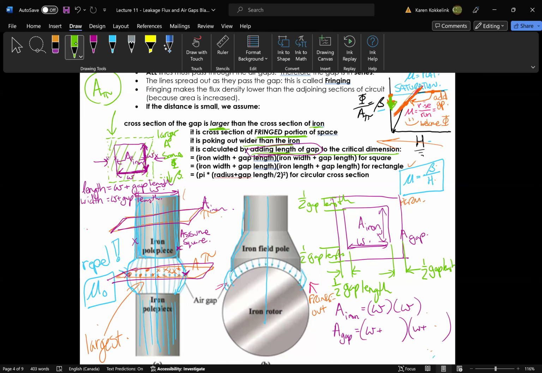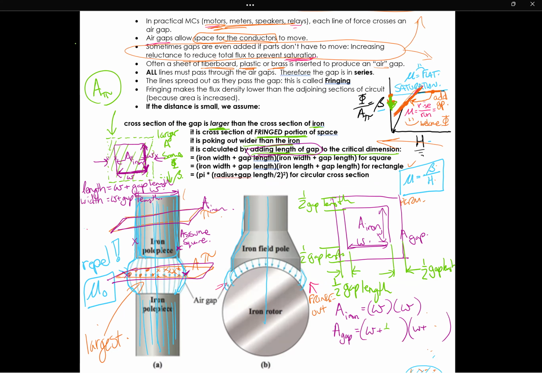And the plus I would add is 1/2 gap, 1/2 gap times 2, because I did it once and I did it twice. So it's times 2. If I want to show the 1/2 gap over here from this view, it looks like this. This is 1/2 of the gap length, and this is 1/2 of the gap length.